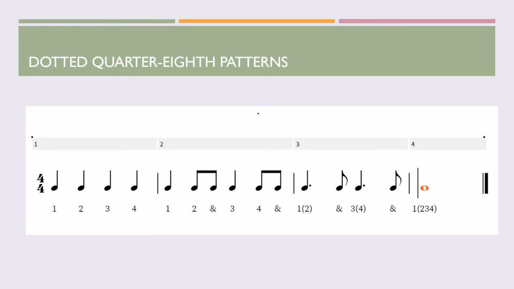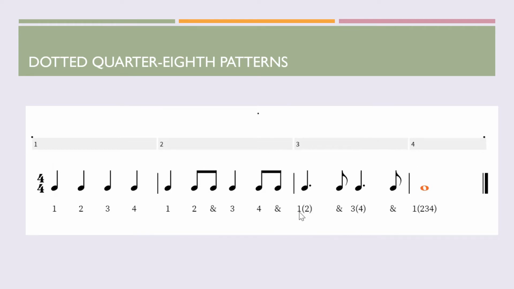So if we were to do the counts here, it would sound like this. 1, 2, 3, 4. 1, 2, and 3, 4, and 1, 2, and 3, 4, and 1, 2, 3, 4.